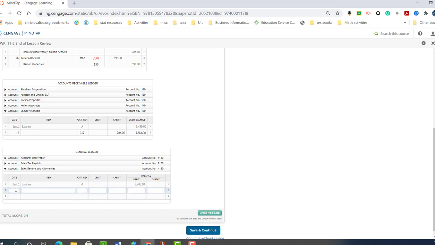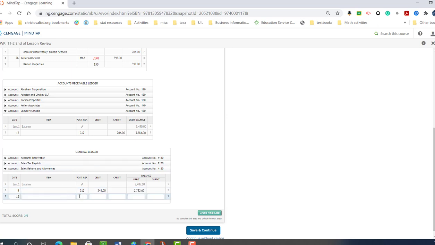Now our sales returns and allowances, we had it both on the 4th and on the 12th. And this was from our page 12. Our debit amount was $245, which brought our debit balance to $2,732.60.